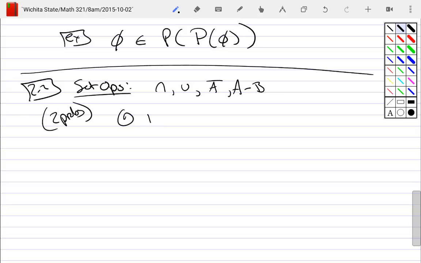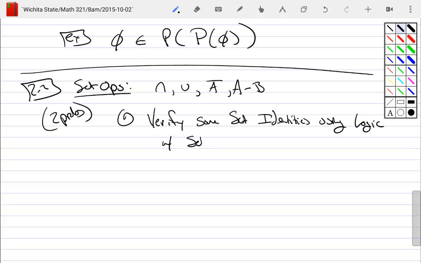The first one's going to be verify some set identities using logic with set builder notation. Okay, what do I mean by that?